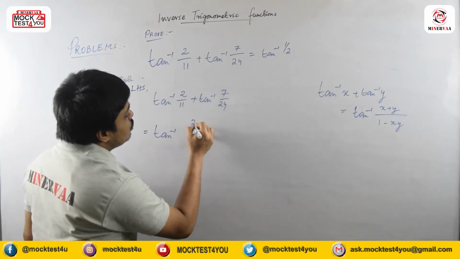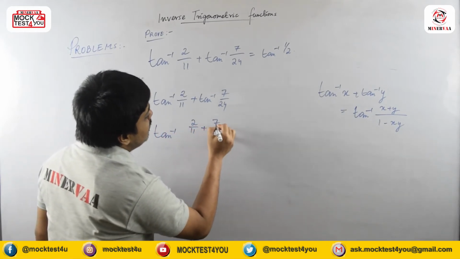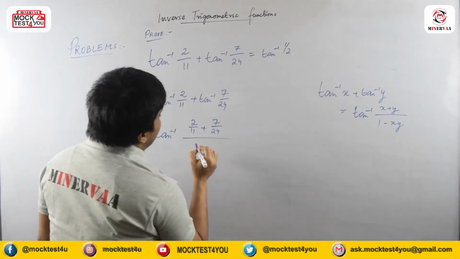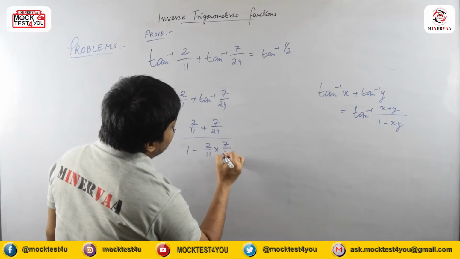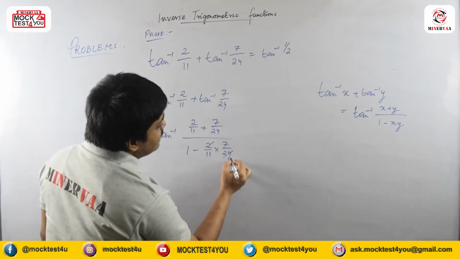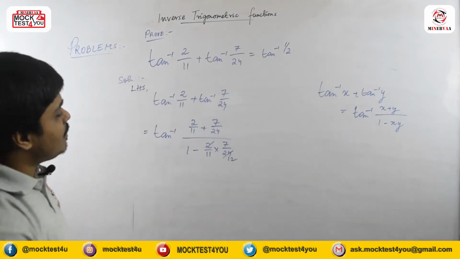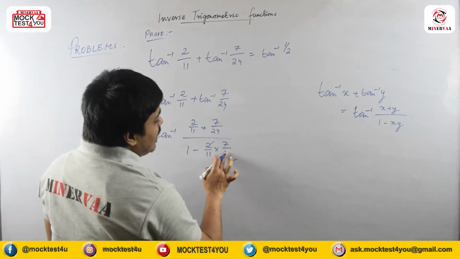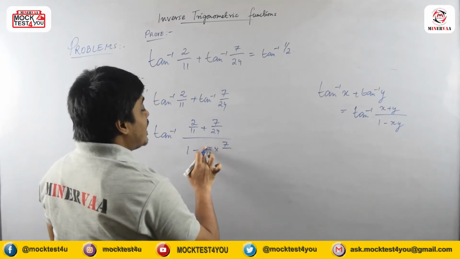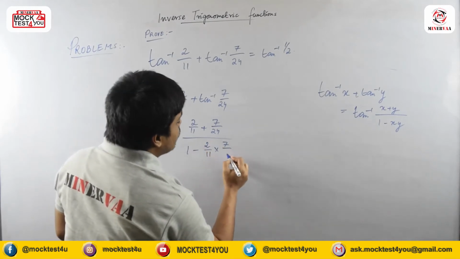Tan inverse of (2 by 11 plus 7 by 24) divided by (1 minus 2 by 11 into 7 by 24). Now let us simplify this one. There is no point in cutting that thing, because if you cut that one, it will complicate things. Why? I will just tell you.